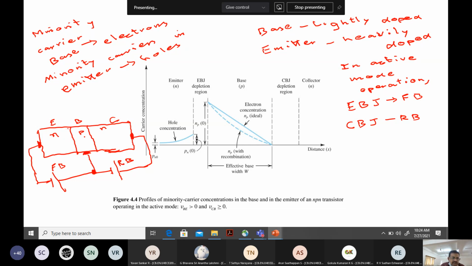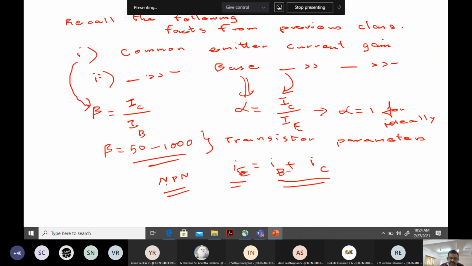Now just to understand what kind of concentration profile you are going to realize, especially because of the collector, we discussed about collector, one important fact I will write: the collector current is independent of, this is a very important factor, independent of VCB, as long as the collector base junction is under reverse bias.